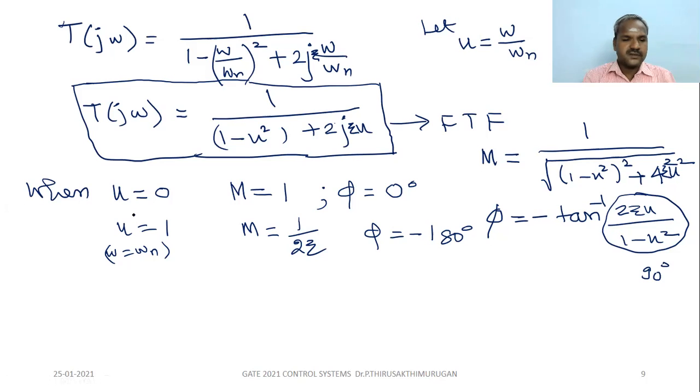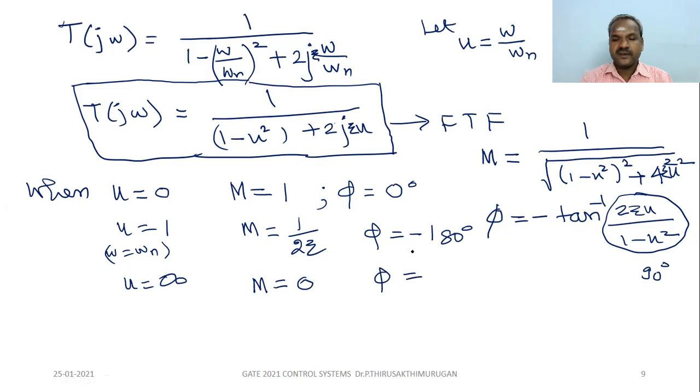When u equal to infinity, what is the magnitude? Substitute u equal to infinity, magnitude is 0. What is phase angle?